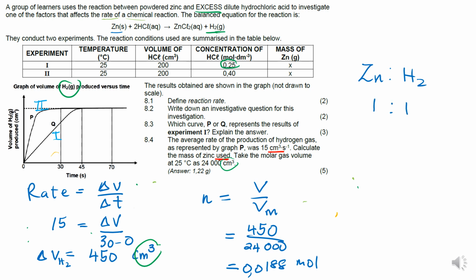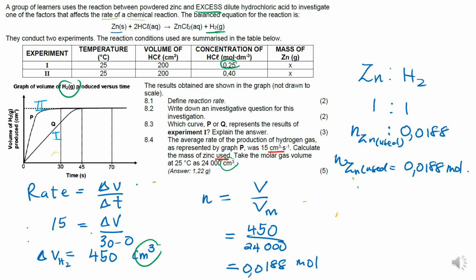Here I've got 0.0188, and here I've got the number of moles of zinc used. That's what I'm looking for. So obviously the number of moles of zinc used is going to be equal to 0.0188. I'm writing 0.0188, but I got 0.01875. So remember, you only round off your final answer. Along the way, use your full answer as you got it from your sub steps.